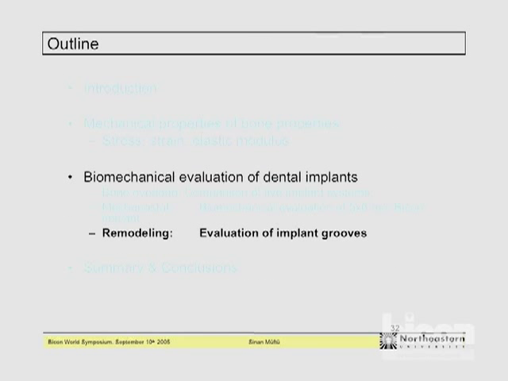So with that, I'm going to increase the complexity of the analysis one more notch, and we are going to look at bone remodeling. Now, the Mechanostat theory by Frost tells us that we expect bone resorption or growth or no change in bone to occur as a function of strain in the bone.